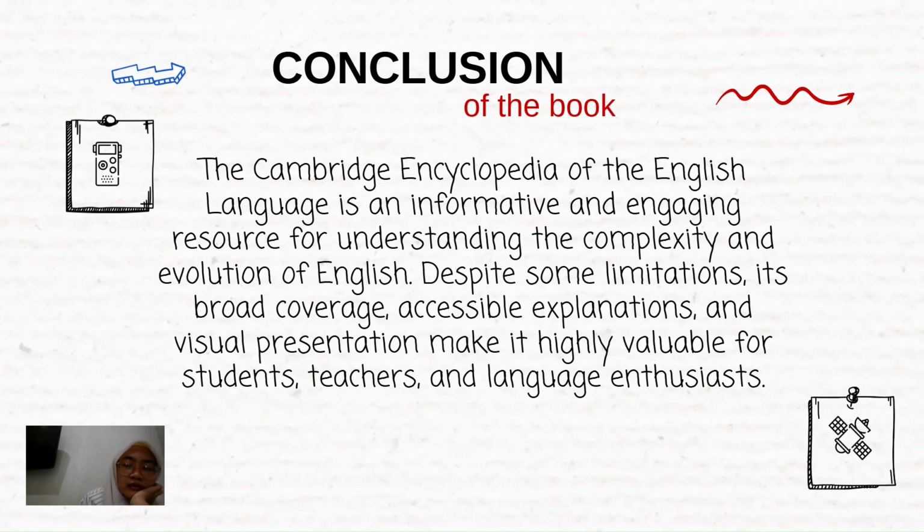So the book The Cambridge Encyclopedia of the English Language, written by David Crystal, is an informative and engaging resource for understanding the complexity and evolution of English, despite the potential limitations that I had mentioned. Its broad coverage, accessible explanation, easy to understand wording, and visual presentation make it highly valuable for students, teachers, and language enthusiasts.